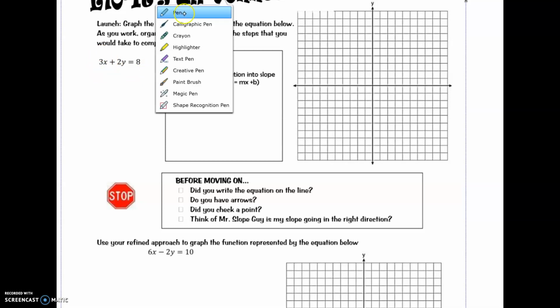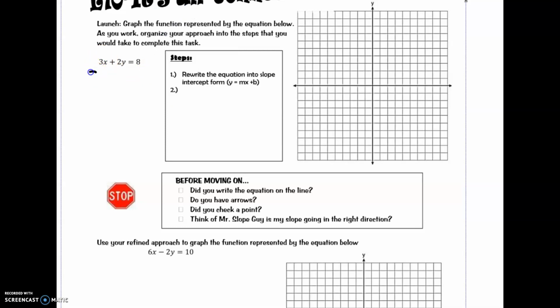So I'm going to subtract 3x from both sides. And that's going to cancel on the left side, and I'm left with 2y equals -3x plus 8.